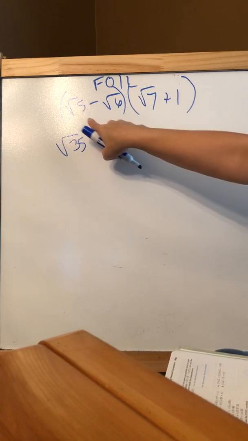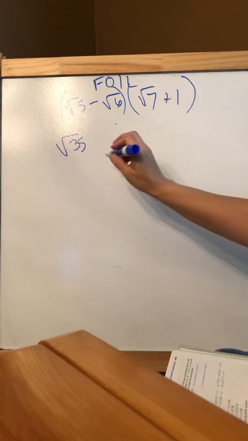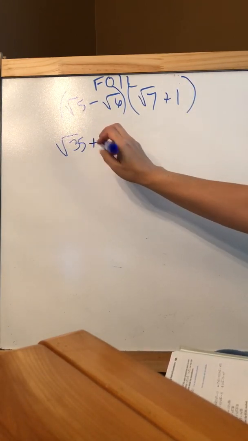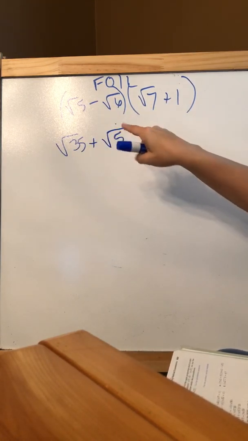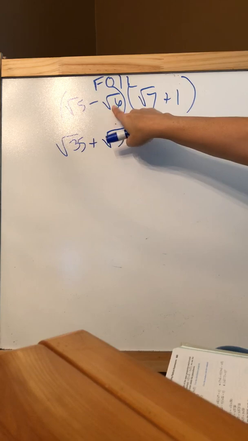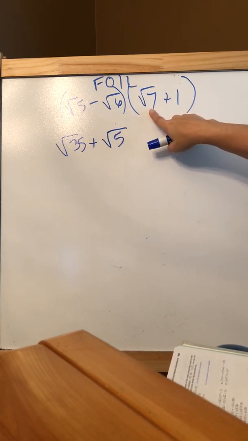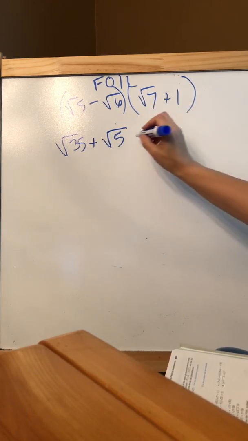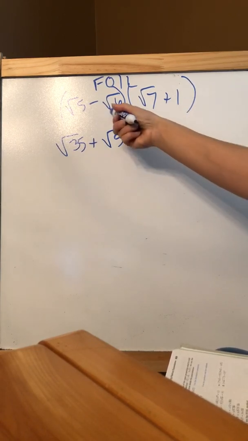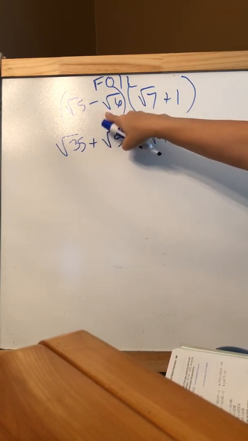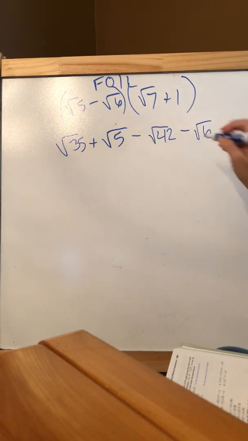Our outside is the square root of 5 times 1, and both of those are positive, so it stays the square root of 5. Our inside is the negative square root of 6 times the positive square root of 7, which gives us the negative square root of 42. And our last gives us the negative square root of 6.